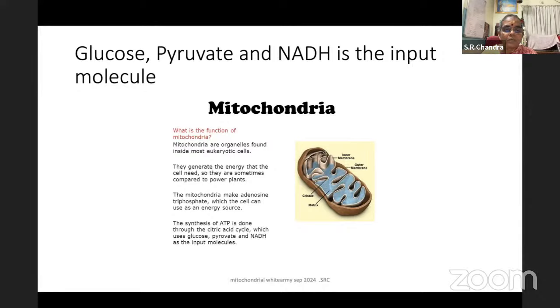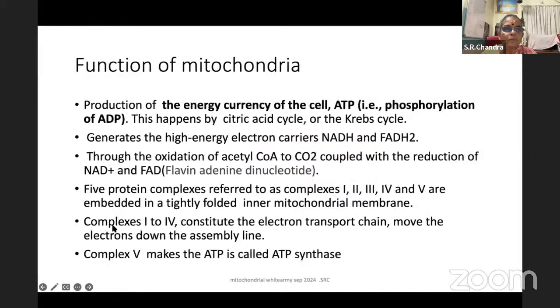The synthesis of ATP is done through the citric acid cycle, which uses glucose, pyruvate, and NADH as the input molecules. This produces the energy currency of the cell, that is ATP, through the citric acid cycle or the Krebs cycle, and generates the high energy electron carriers NADH and FADH2 through the oxidation of acetyl coenzyme A to carbon dioxide, coupled with the reduction of NAD and FAD.